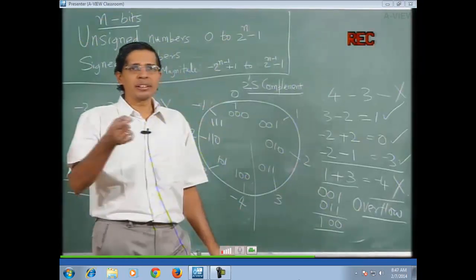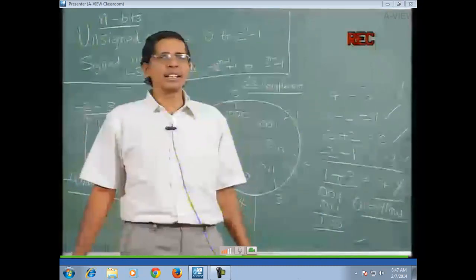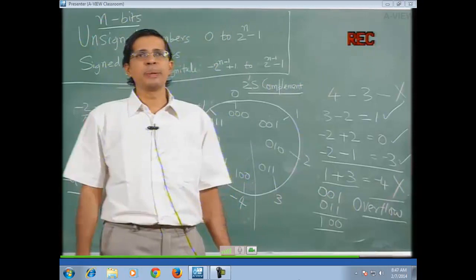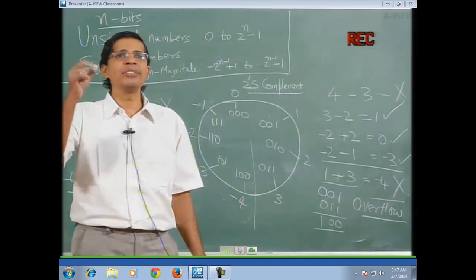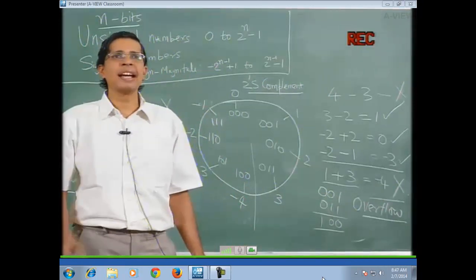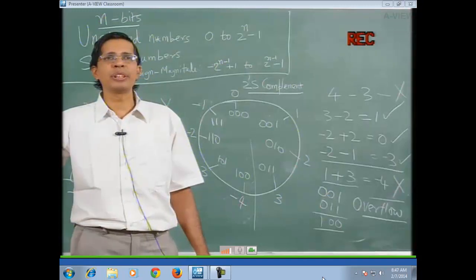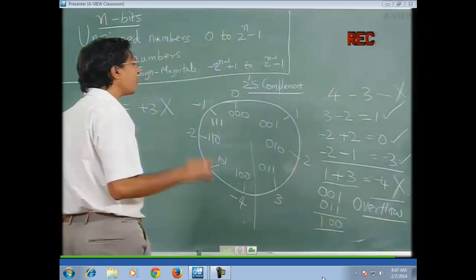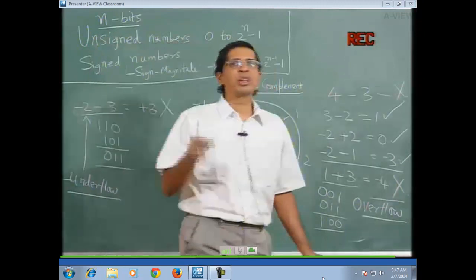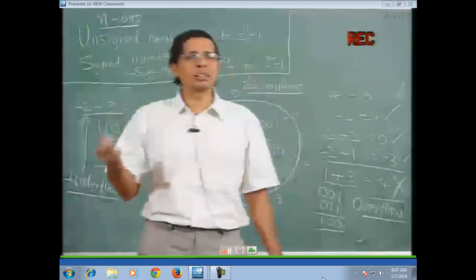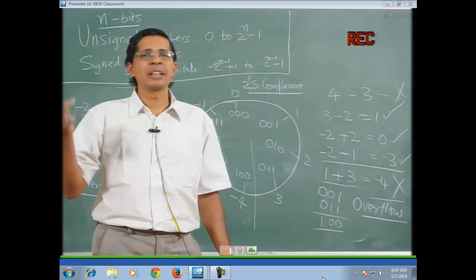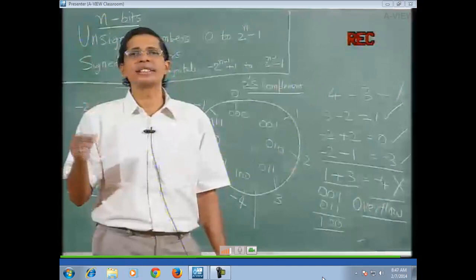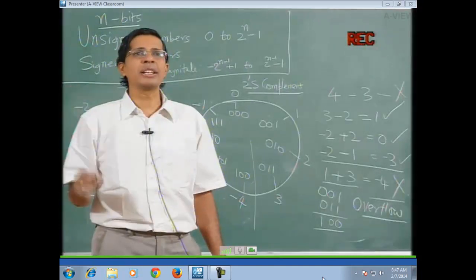In traditional computer architecture, there is something called a flag register, which tells you whether the previous arithmetic operation landed up with an overflow or an underflow. If it has, that means your arithmetic is wrong. So the program has to take some remedial measures or indicate to the user that something has gone wrong in the arithmetic.